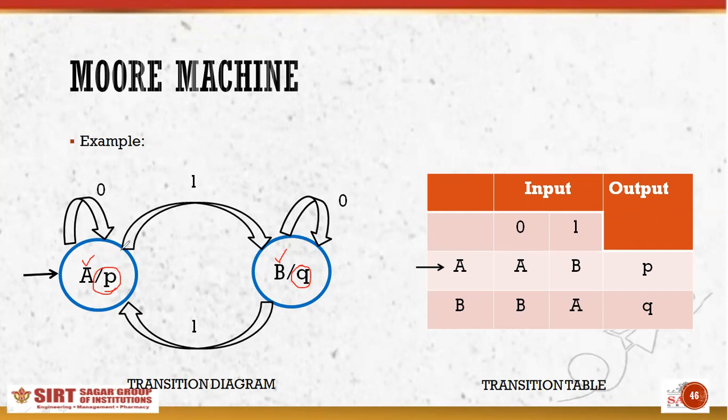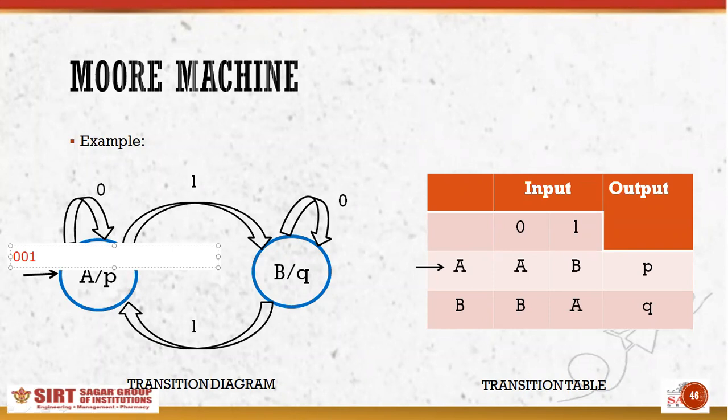And from state A, by reaching to state B, we are giving output q. So let us take an example and see how this machine is giving some output string at output side when you give some input string to it.